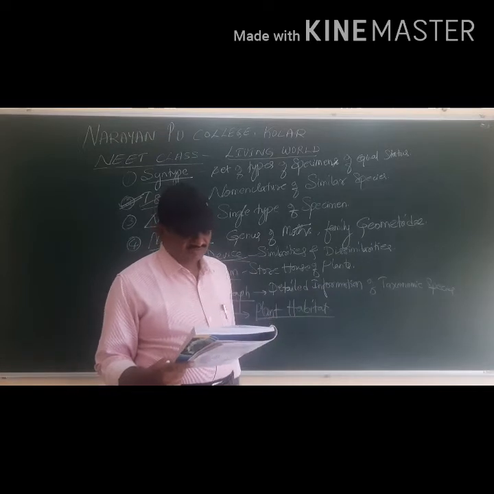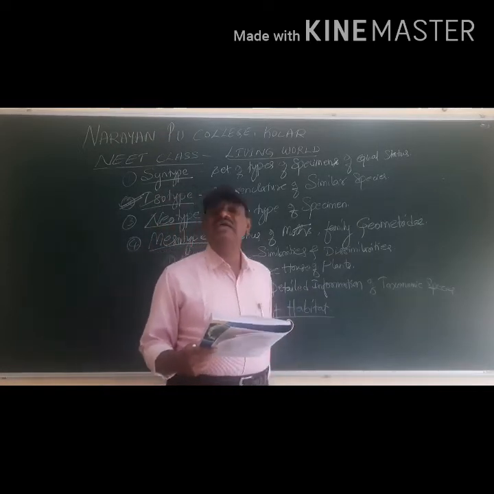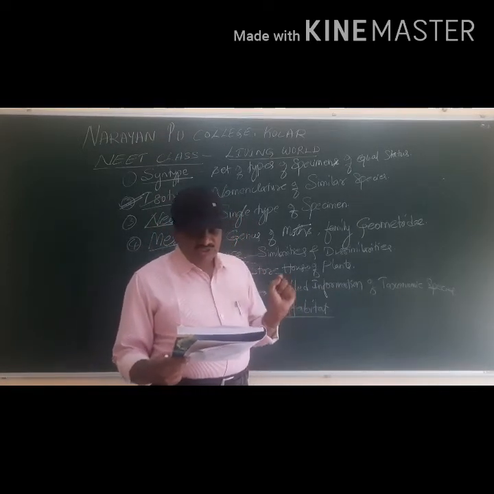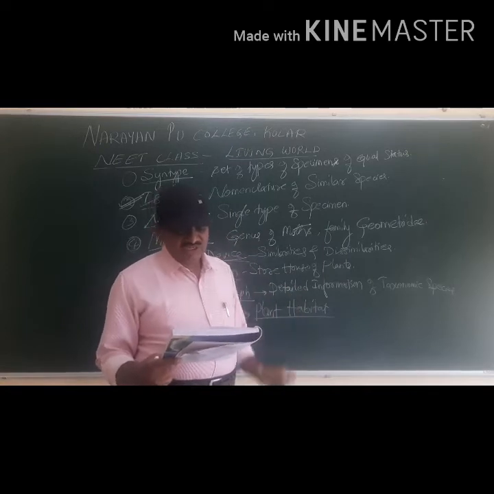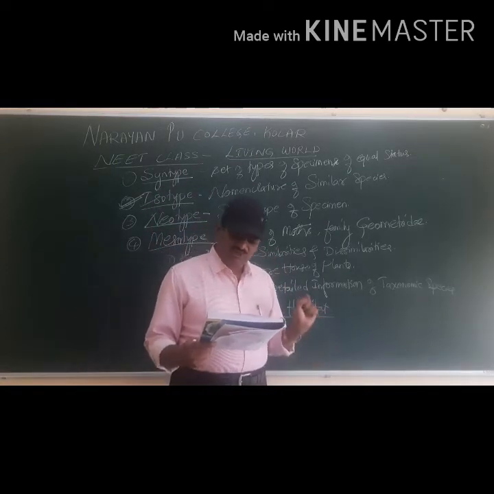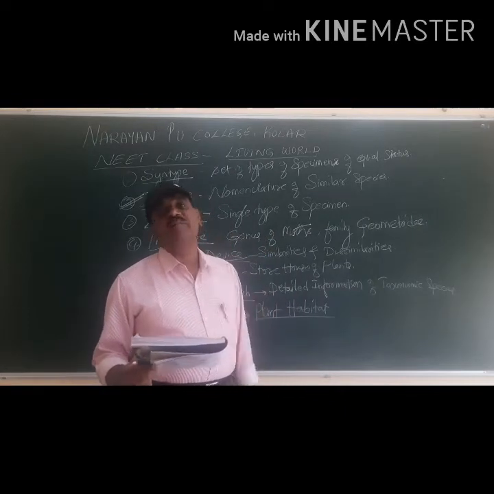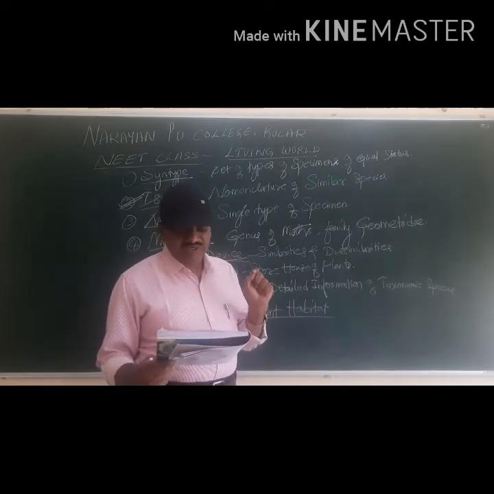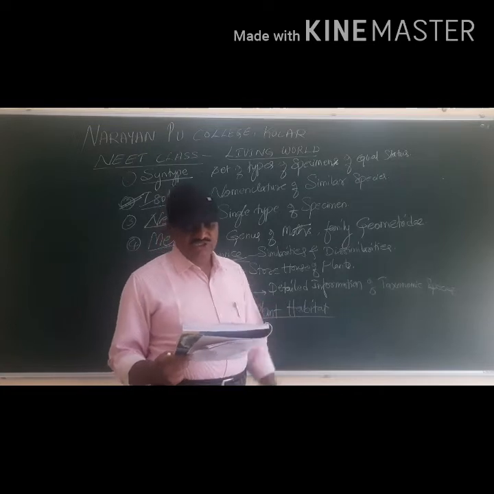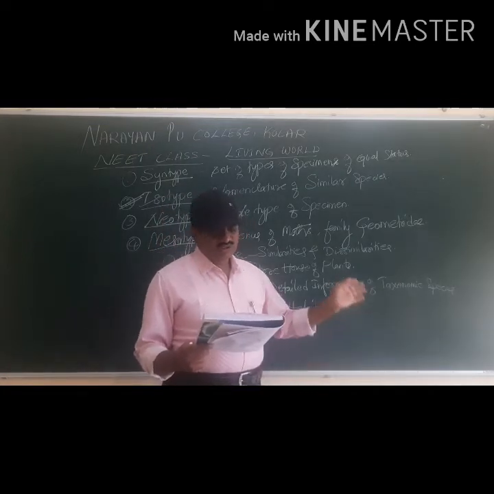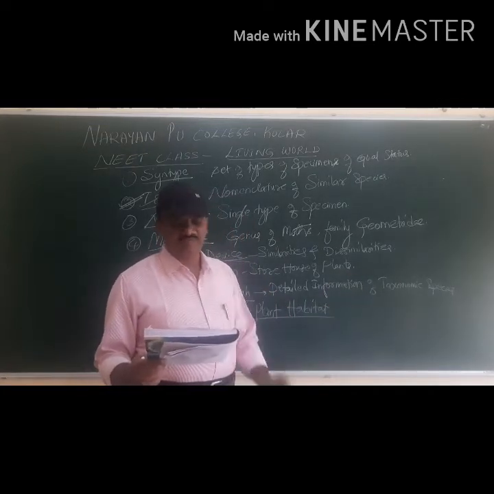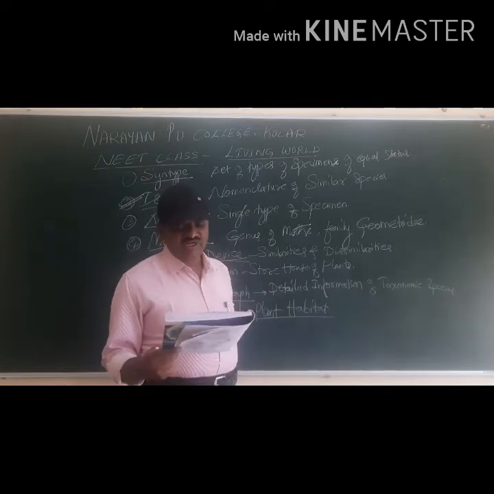Third option, Ficus bengalensis. Here the genus name starts with a capital, whereas the species also starts with a capital letter. The species should be written in a small letter. So this is again wrong. Both genus and species are written in capital letters, so this is not the right one.